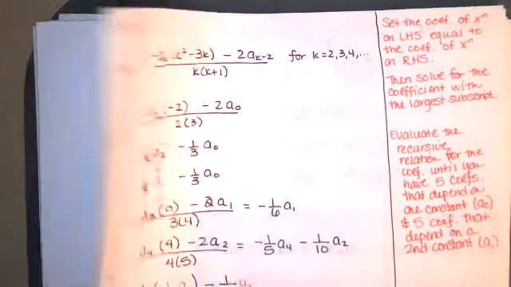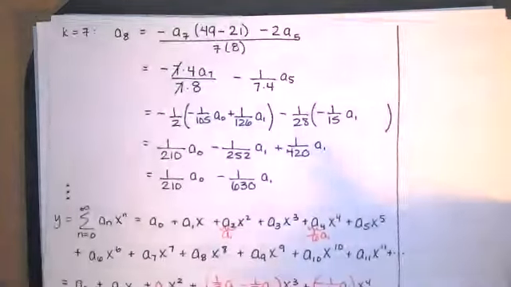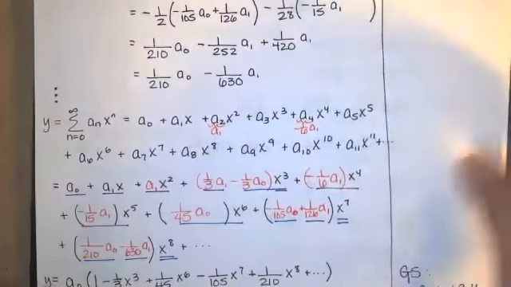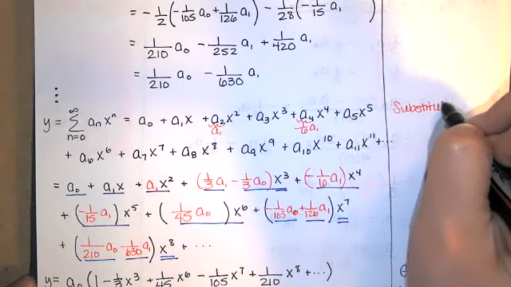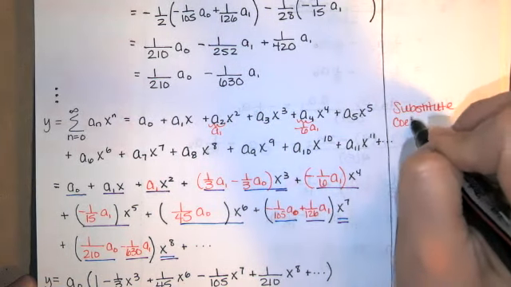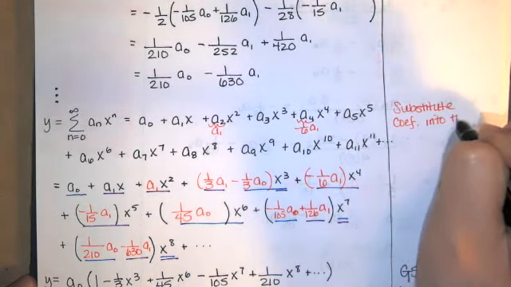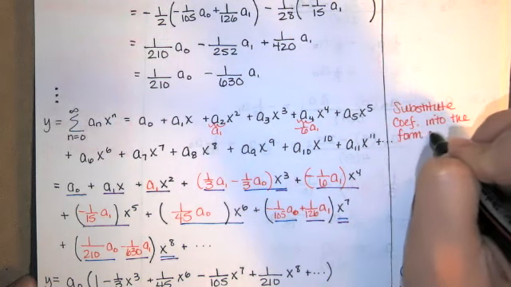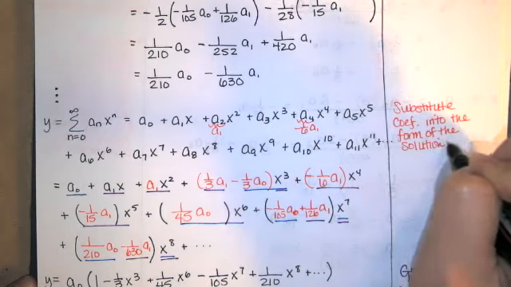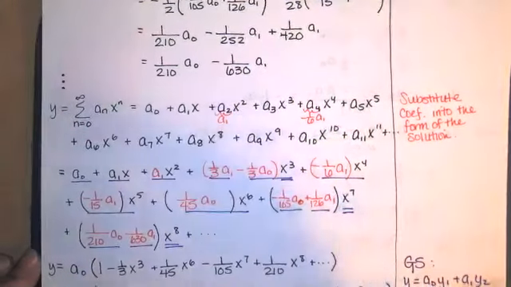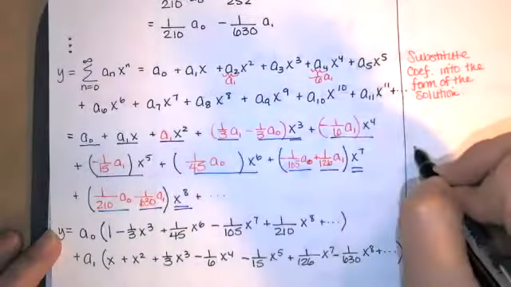Okay, so we did this. And then after we did that, we substituted into the form of our solution. And then we grouped terms involving a sub 0.